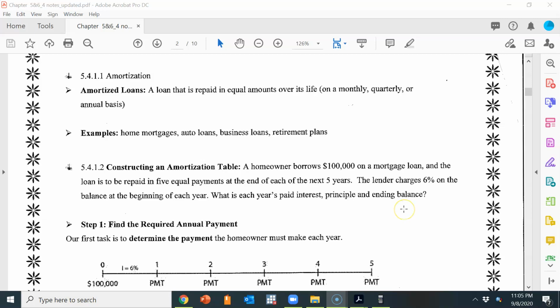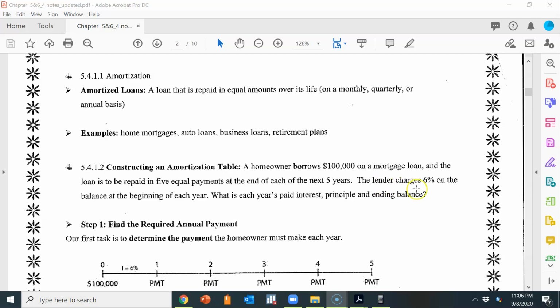So this is a typical example of an amortization loan. You're borrowing 100,000 today. You plan to use an ordinary annuity to pay it back at the end of each year for the next 5 years. You're going to pay exactly the same amount. It's a 5-year ordinary annuity you will be using to pay back the loan.